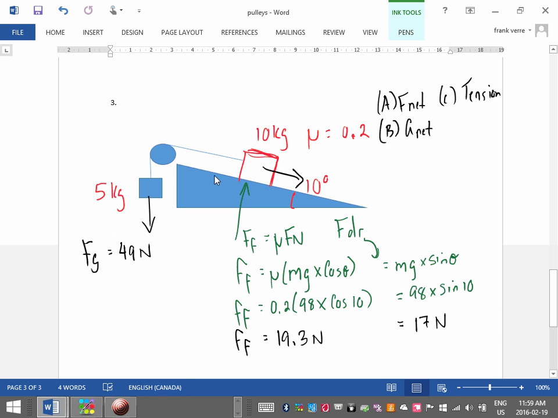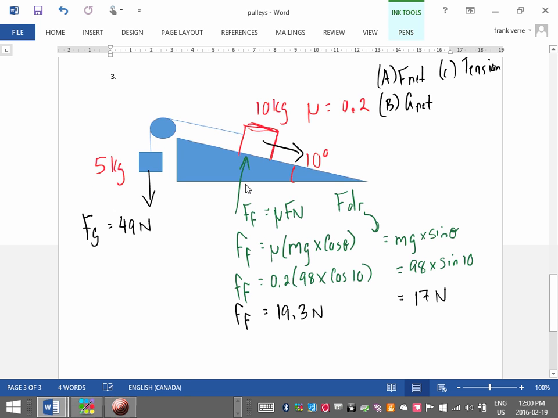Okay, so let's think about now which way friction goes, because friction can go both ways. I want you to think about this for a second, okay? If this value here were greater than this value here, which way would this system rotate? Clockwise, right?